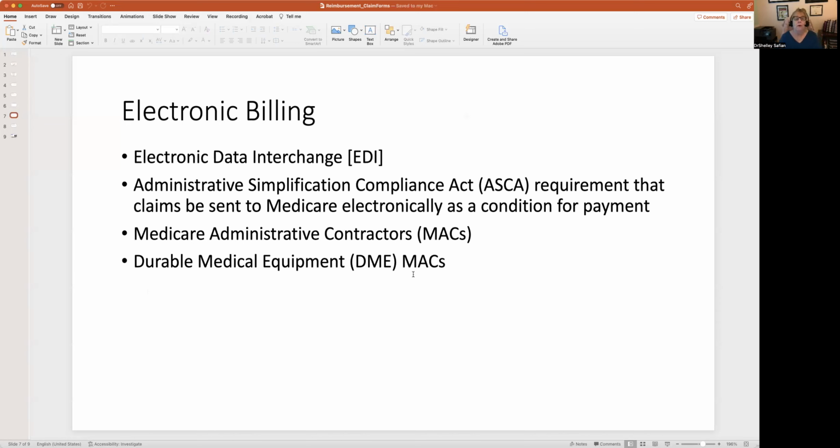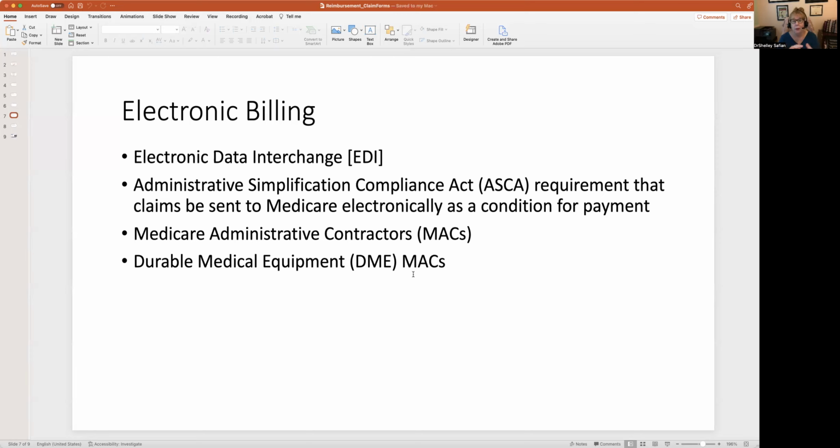Okay, so a few other terms that you should be familiar with regard to electronic billing: the system uses what's known as EDI, which stands for Electronic Data Interchange. And this is another thing that you need to check if you're getting new software, that it's HIPAA compliant, okay?